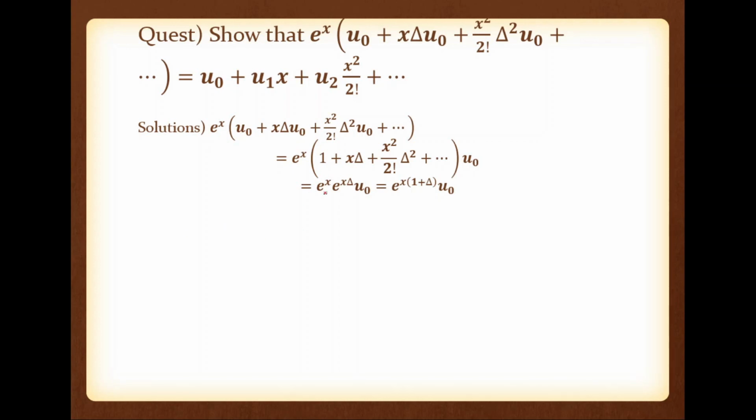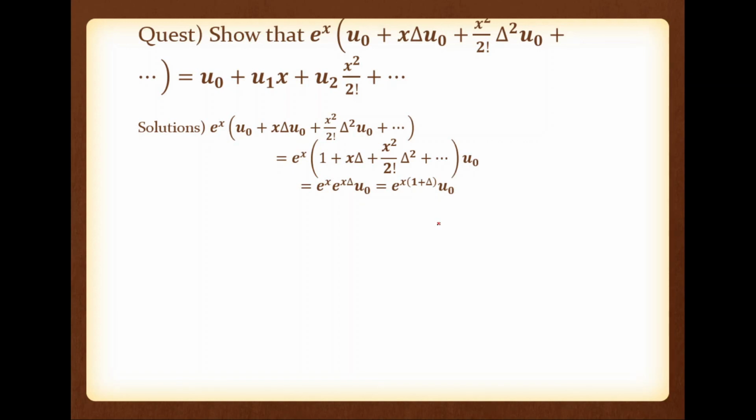Now we can combine these two terms. If you combine them, we have e raised to x plus x delta, so we can take x outside. So we have e raised to x into (1 plus delta) into u0. Okay. So what is 1 plus delta?